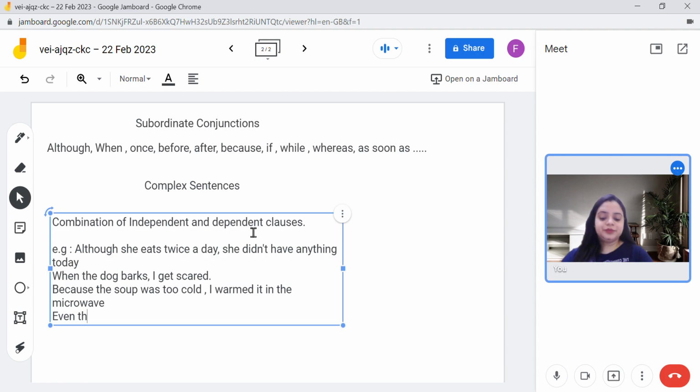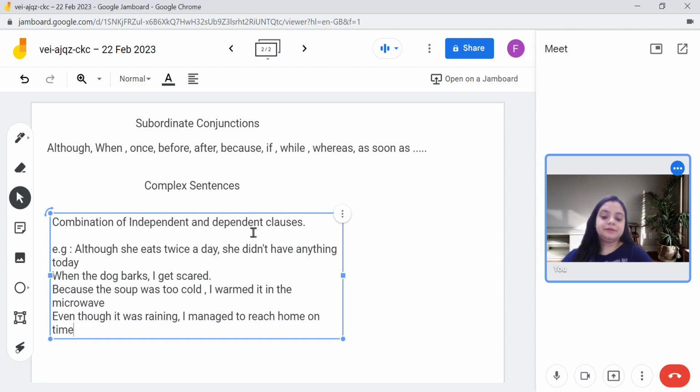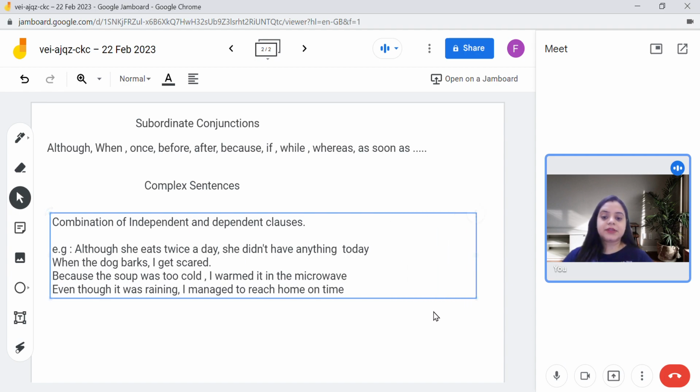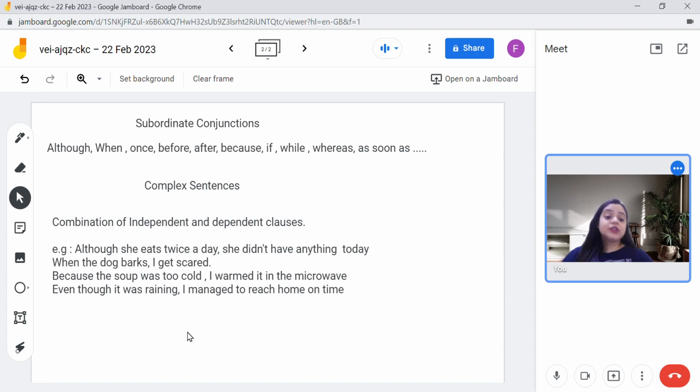Even though it was raining, I managed to reach home on time. All right, I think these examples are good enough. So now let's analyze these examples.